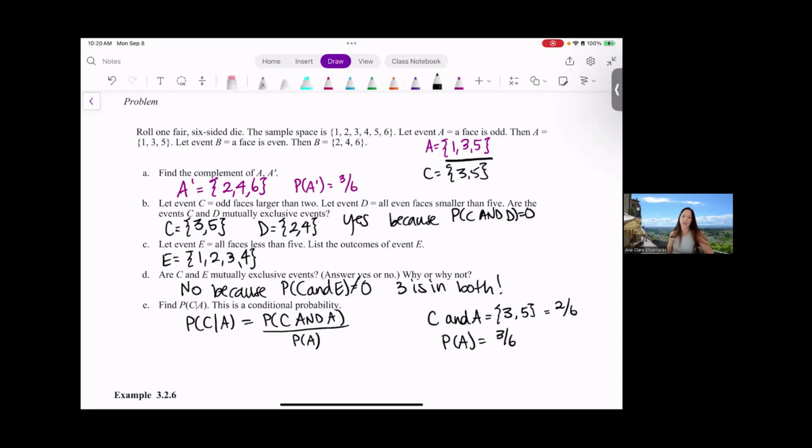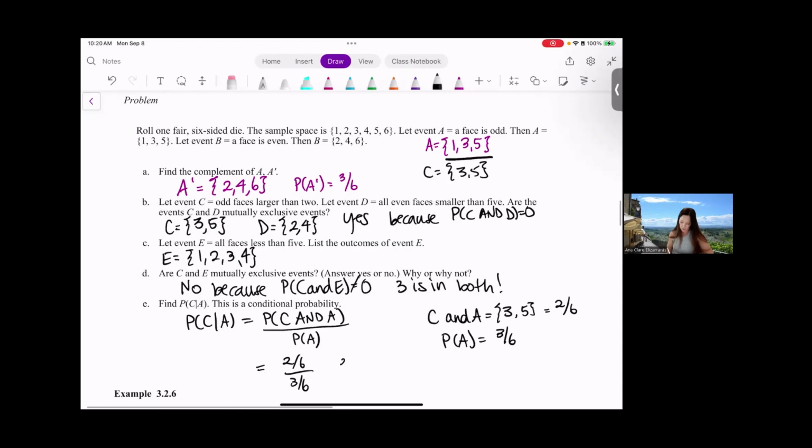There's 2 ways that you can calculate this. You can take 2 out of 6 over 3 out of 6 and divide the fractions, which actually means you take 2/6 times 6/3, reduce, and you get 2/3. Or you can look only at A. A has 1, 3, and 5.